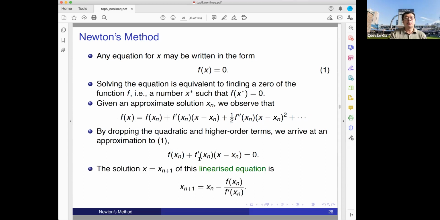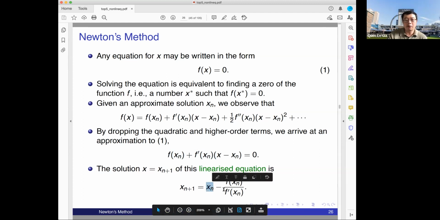When you solve this, you can label the result as the next iteration, xn plus 1. So you rearrange this: move the term to the left to get minus f of xn, divide by f prime xn, and add xn. So xn plus 1 equals xn minus f over f prime.